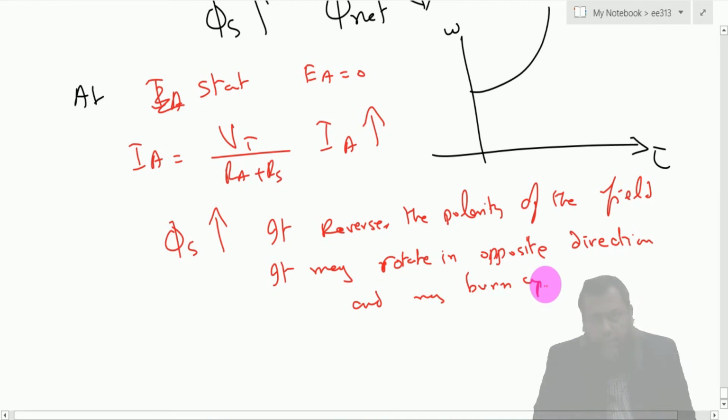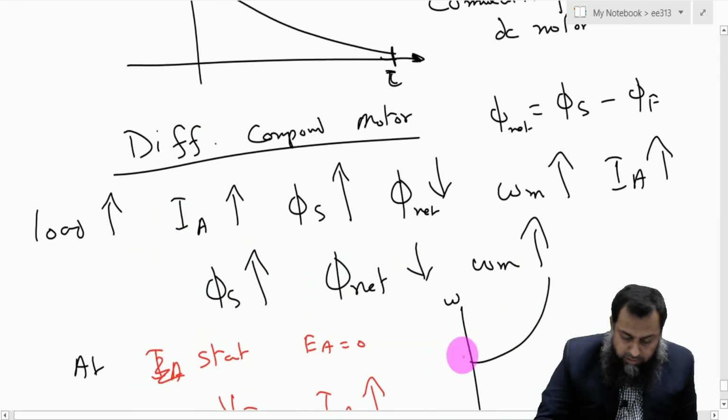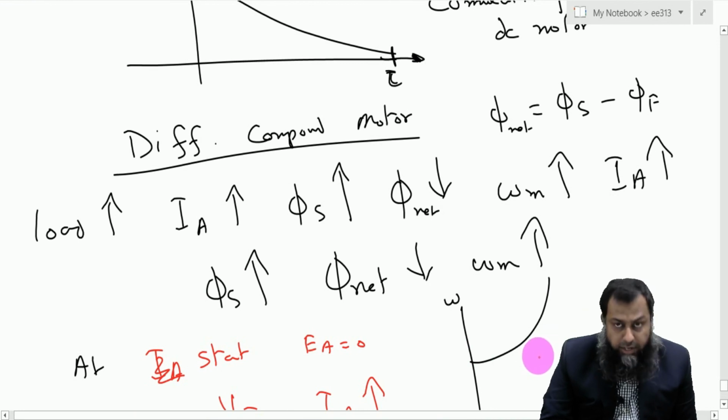So how do we start this motor? If it is a differentially compound motor, not only are its characteristics obnoxious for any practical application, we also cannot start this motor without short-circuiting the series field circuit.